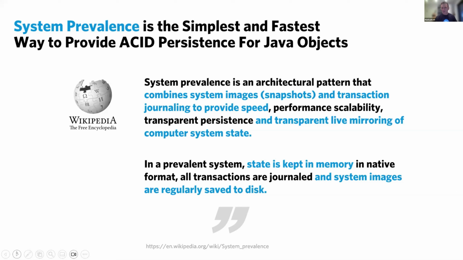And all changes are regularly stored on disk by creating a snapshot of your system state. So this is the functional principle. The state is kept in memory, and you can store your system images, transaction safe, on disk.